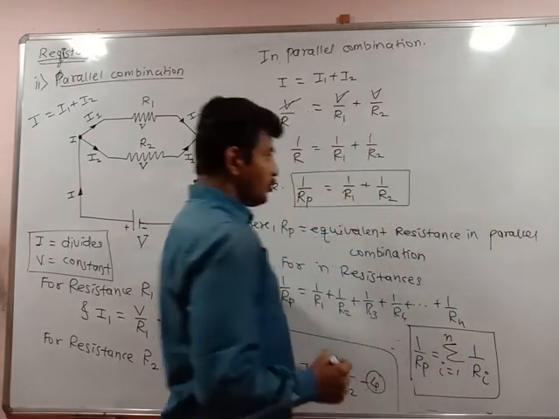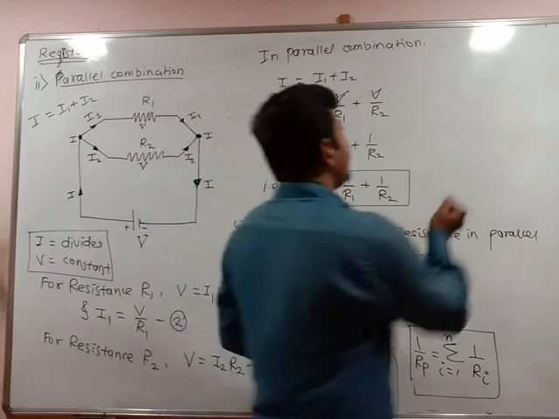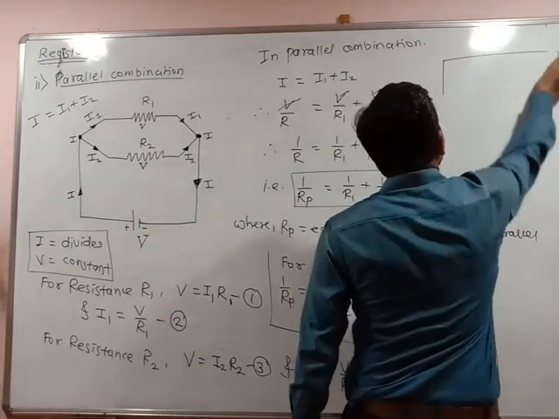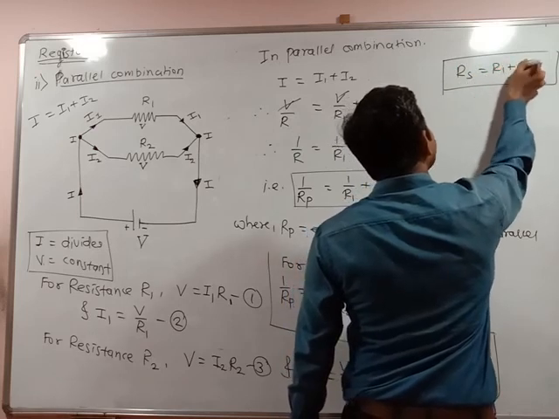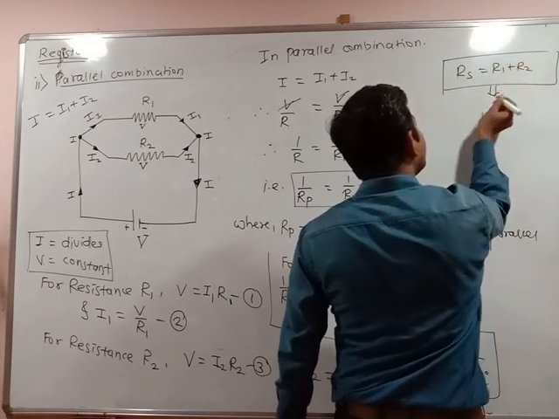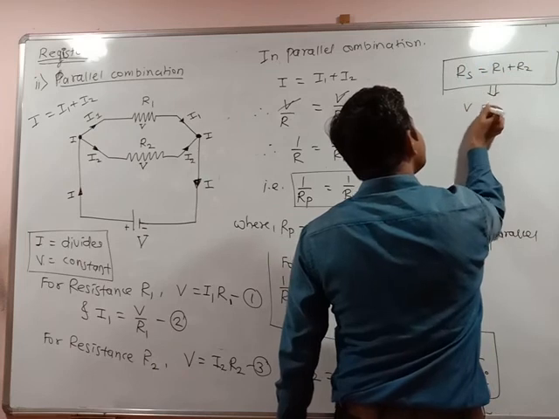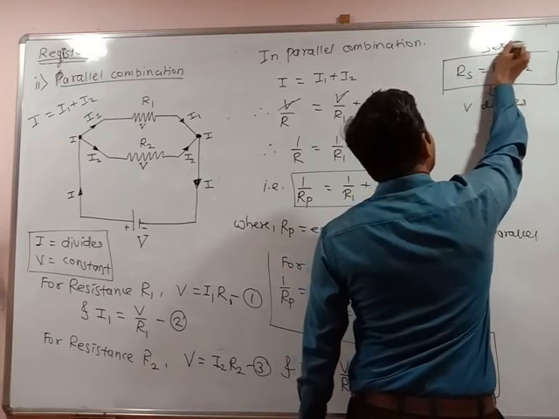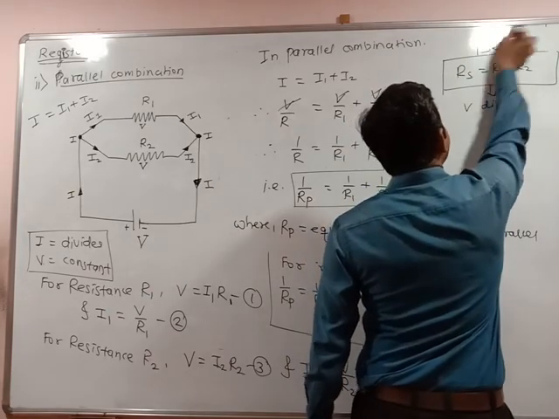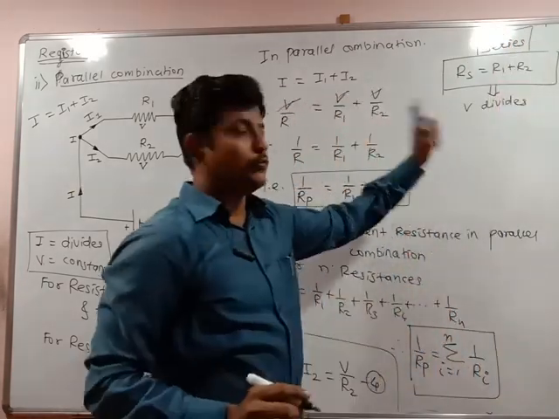Is it clear? So in series combination, always Rs is equal to R1 plus R2. In series combination, what happens? Voltage divides in a series combination. Remember this, V divides.